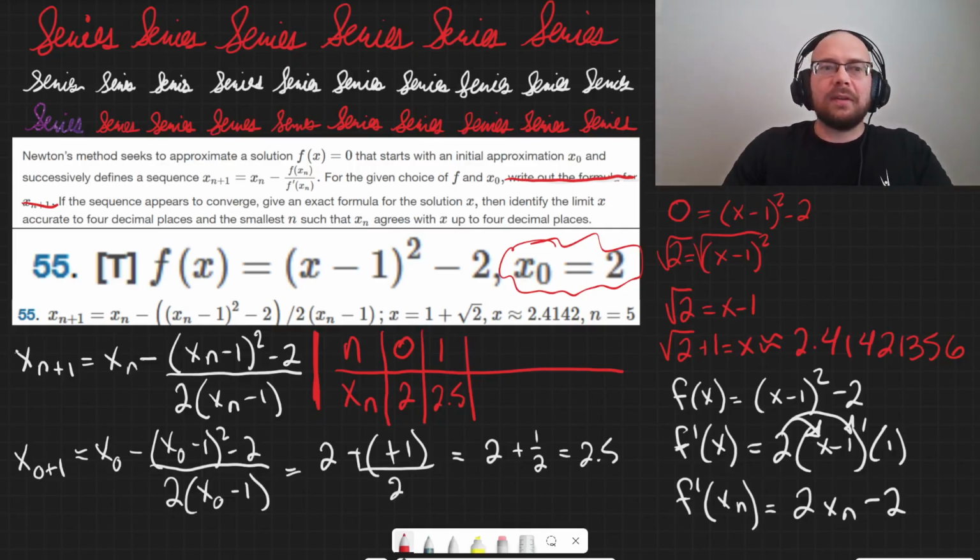So f of x is equal to x minus. If you're using Desmos, I would recommend doing this along with me. If not, you can just kind of scrub ahead a little bit. But if you're using Desmos, you would type in f of x equals x minus, and then we'll need a bracket to put all of this stuff in the numerator together.